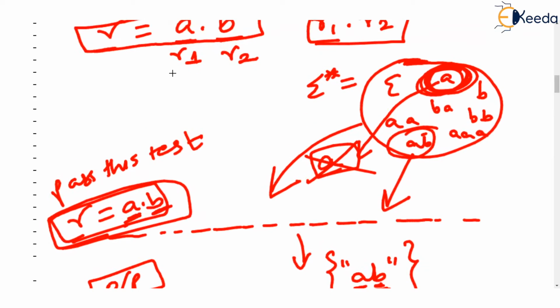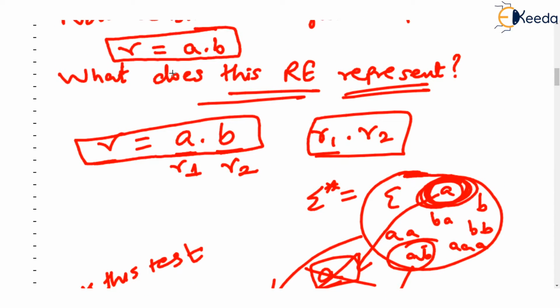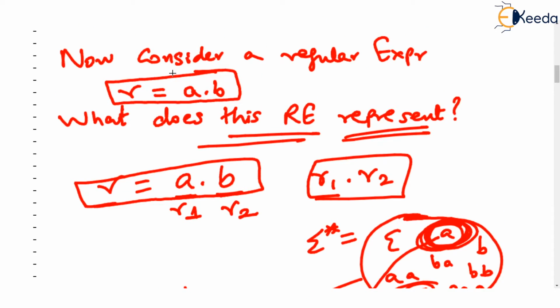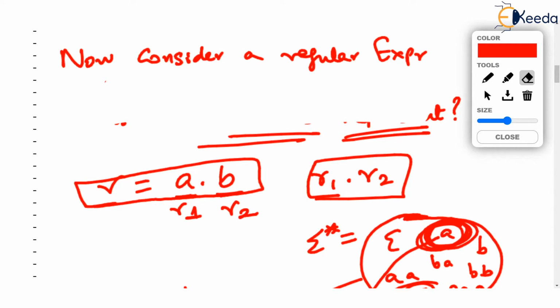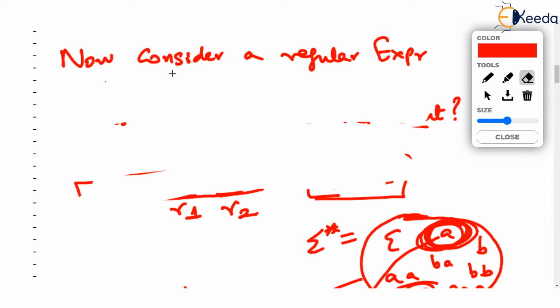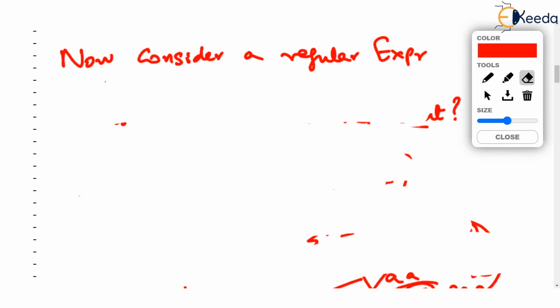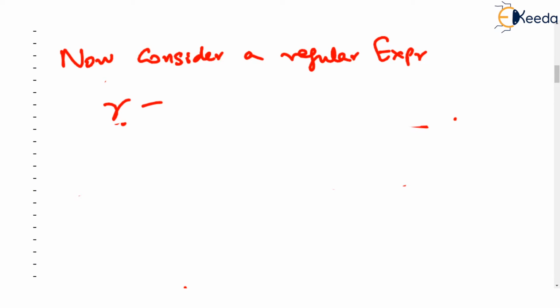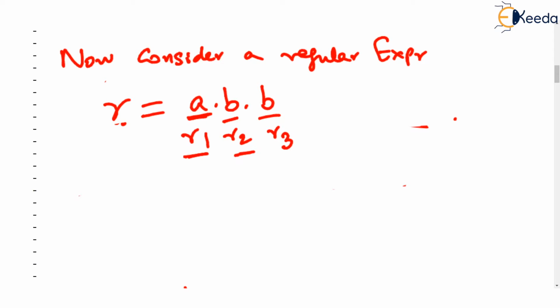If we continue this discussion with more examples, let's say that we change our regular expression a bit. Suppose we have a regular expression R given as R is A dot B dot B. So you know A is a regular expression, B is a regular expression, B is also a regular expression. That means concatenation of individual regular expressions is itself a regular expression.